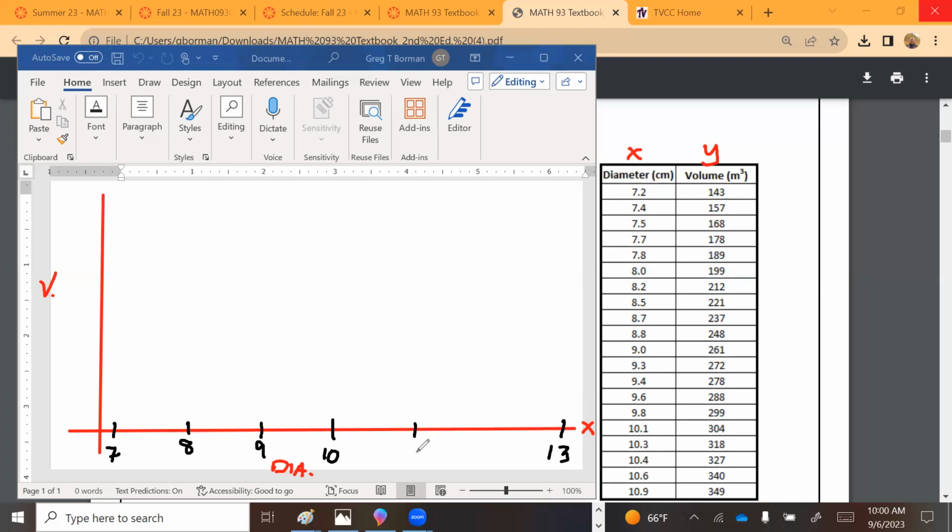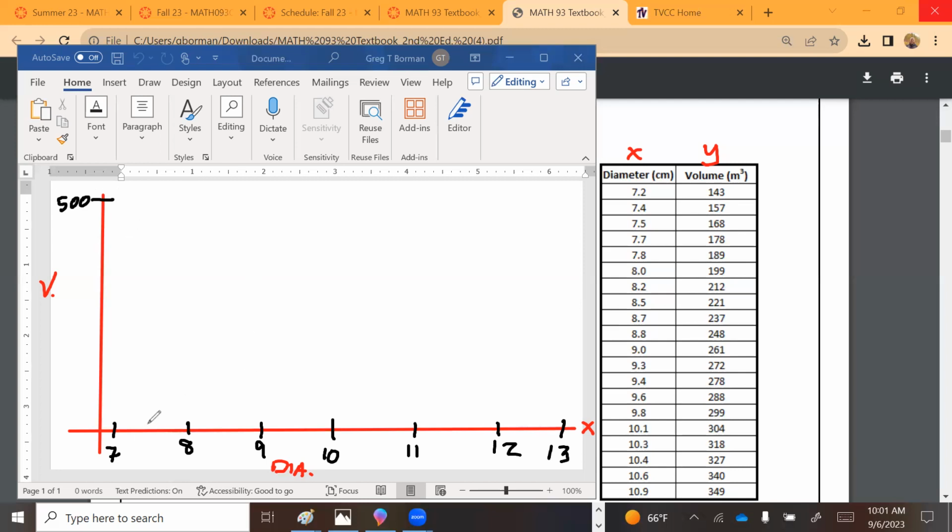There's nothing magical about the exact way I'm selecting these numbers. I'm just trying to get an idea of where they are so that when I plot this information, it makes it easier. Now, what about the volume numbers? They start at 143 and they're probably going to go up to maybe 500. I hope I'm right.